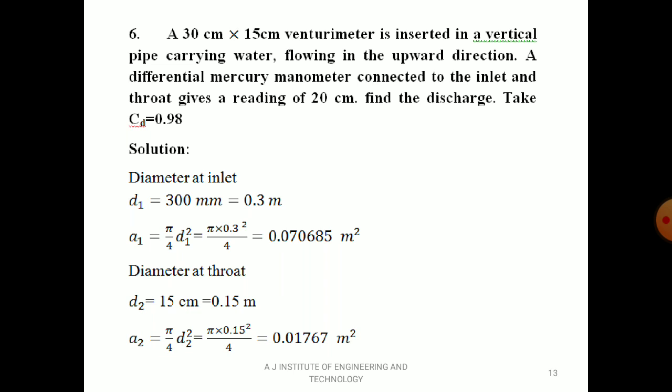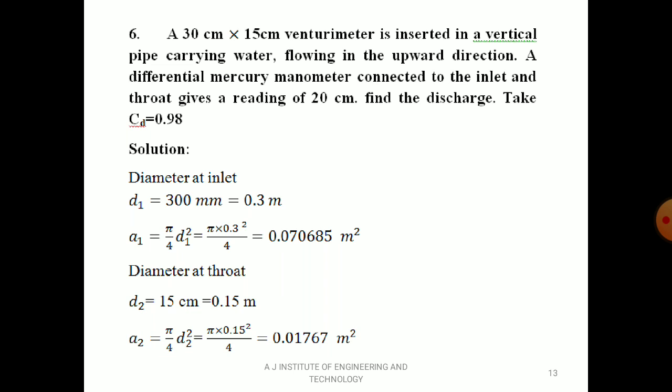So a 30 centimeter by 15 centimeter venturi meter is fitted to a vertical pipe carrying the water. This flowing fluid is water. So 30 centimeter corresponds to the inlet diameter, and throat diameter is 15 centimeter. So water is flowing in upward direction. A differential mercury manometer connected to inlet and throat gives reading of 20 centimeter.